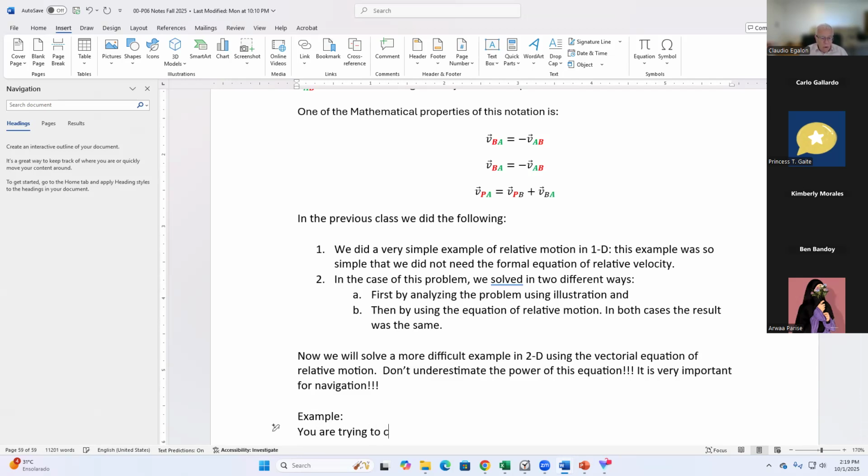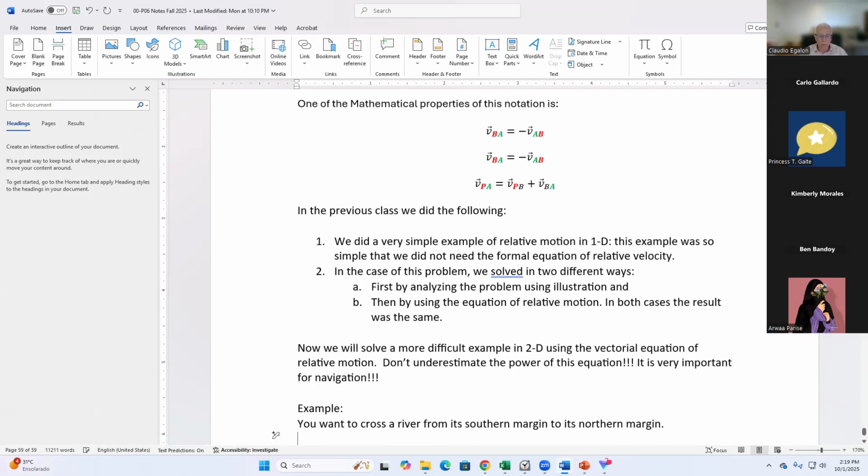You're trying to cross a river from its southern margin to its northern margin. You want to cross a river from its southern margin to its northern margin.